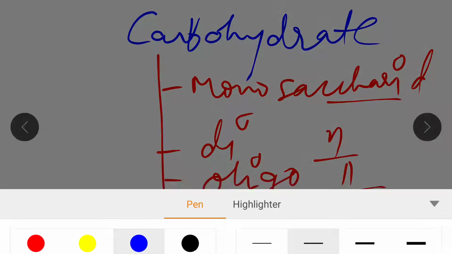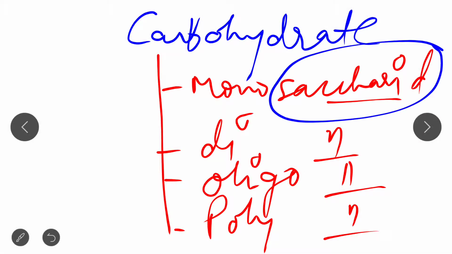Here the word saccharide basically means sugar. Mono means single sugar, that is monosaccharide. Di means made up of two sugar molecules, that is disaccharide.